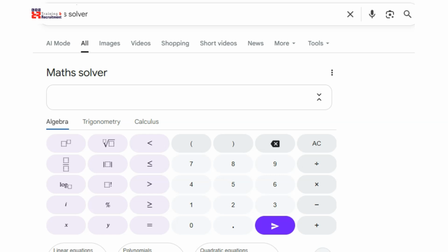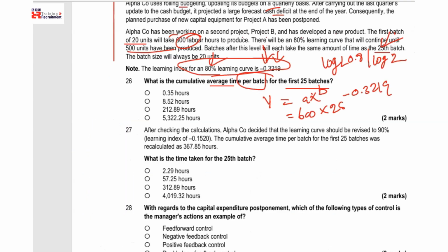Now, I'm using a Casio FX-83GT Plus calculator, and this is possible on Google as well. The formula I'm applying is 25 to the power minus 0.3219.